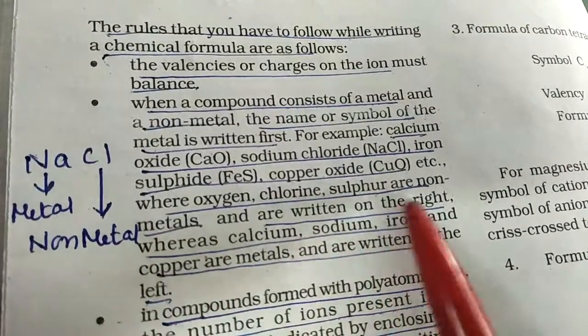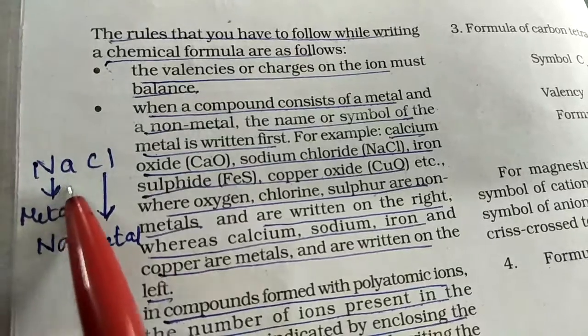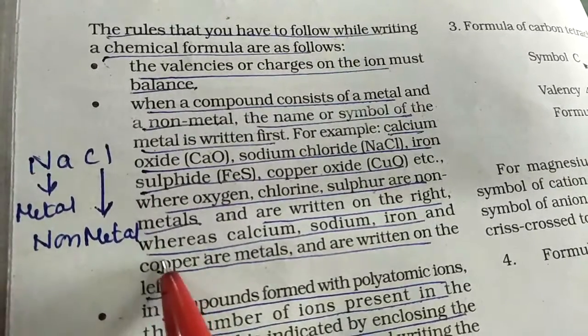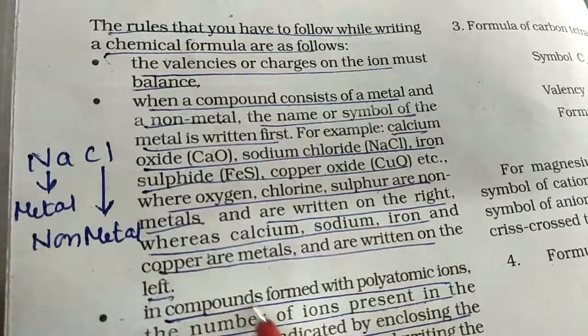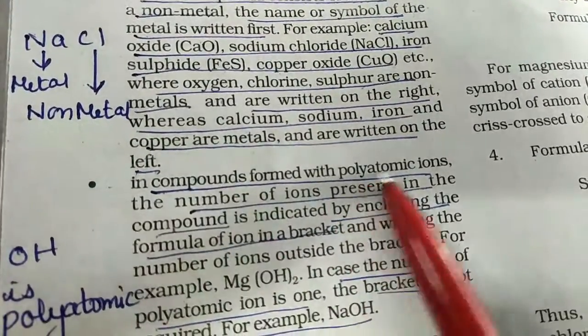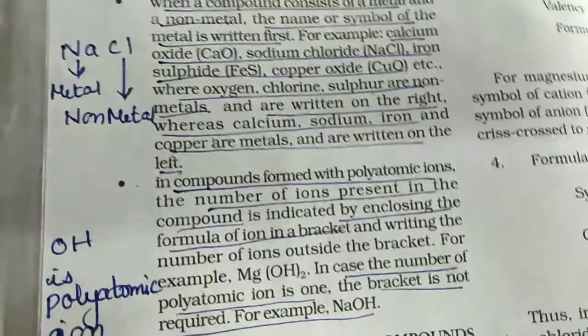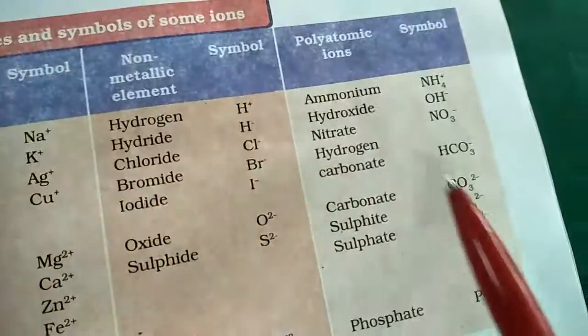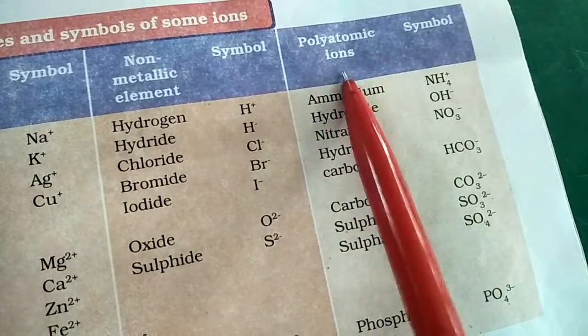All the metals are written towards the left-hand side and all the non-metals towards the right-hand side. Then the last rule that we have to follow is for polyatomic ions. We have already seen what polyatomic ions are. You can turn the page and see table 3.3, the last row, which gives us polyatomic ions and their symbols.